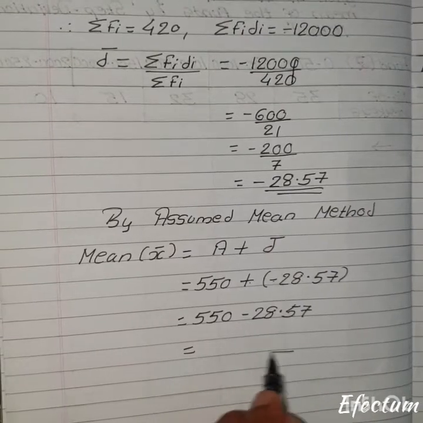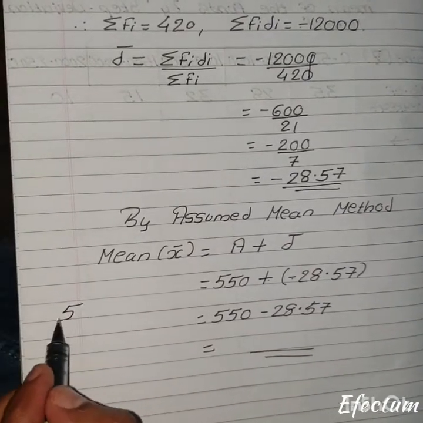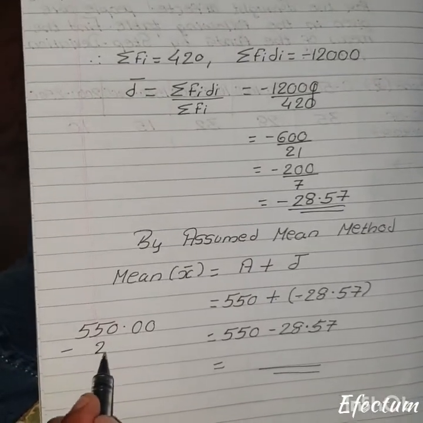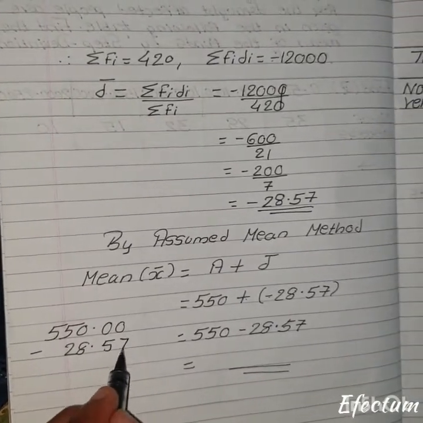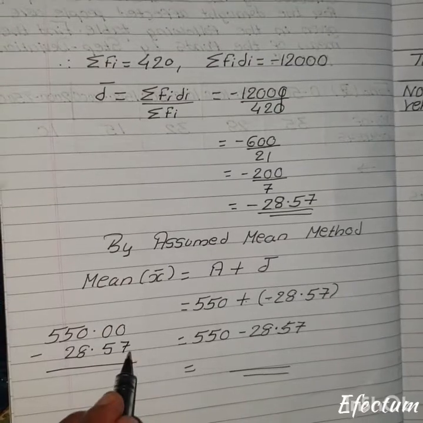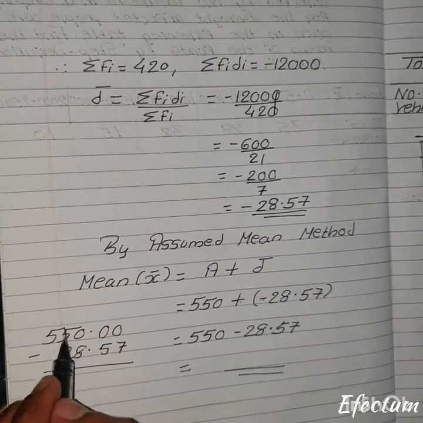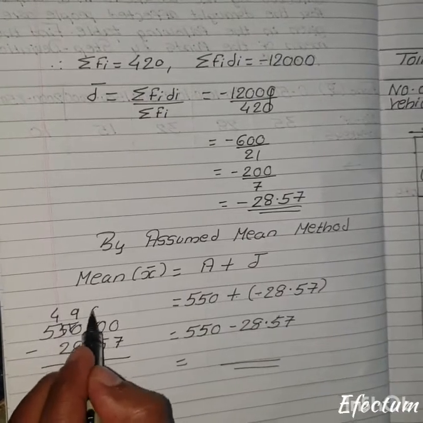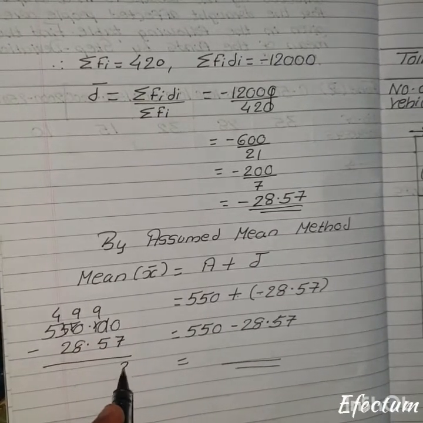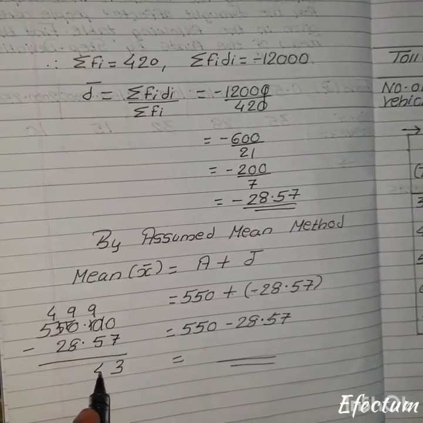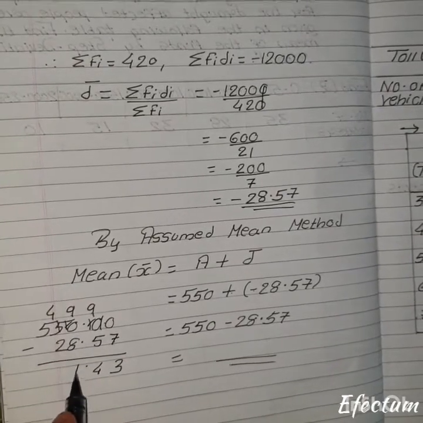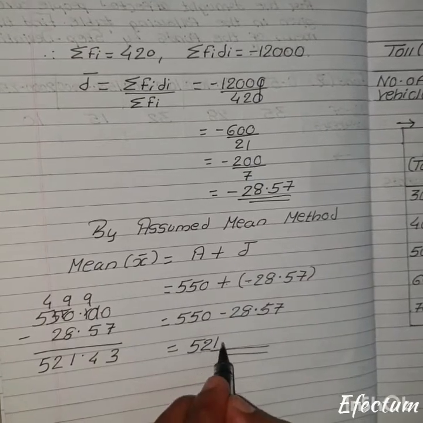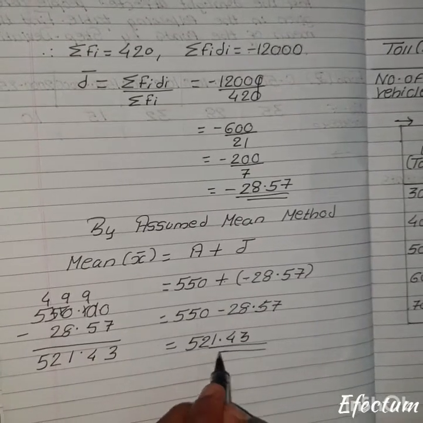Now let's see the subtraction. 550 can be written as 550.00 minus 28.57. Now we can't subtract 7 from 0, so we will borrow: 4, 9, 9, 10. 10 minus 7 is 3. 9 minus 5 is 4. 9 minus 8 is 1. 5, so 521.43.